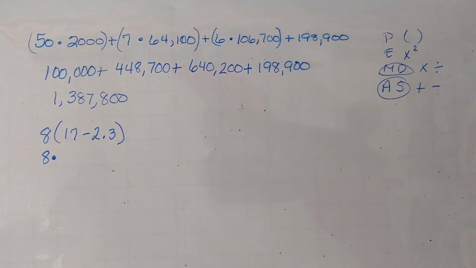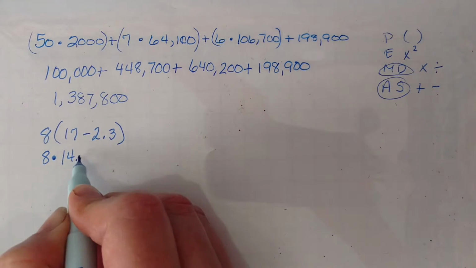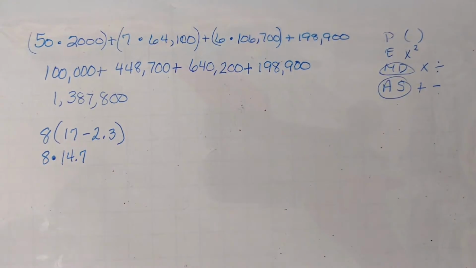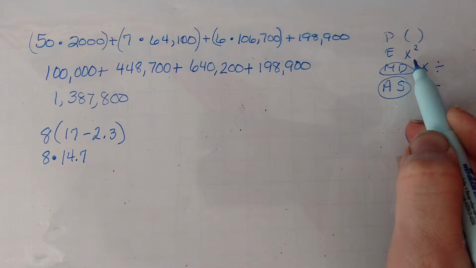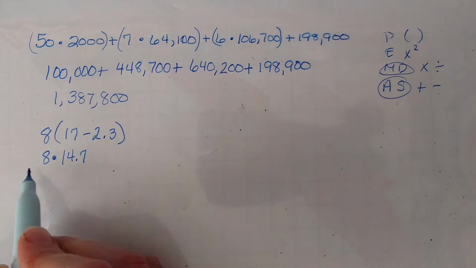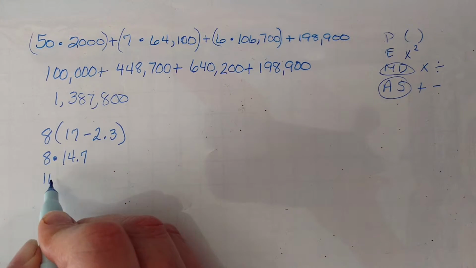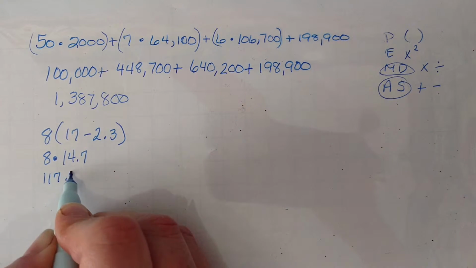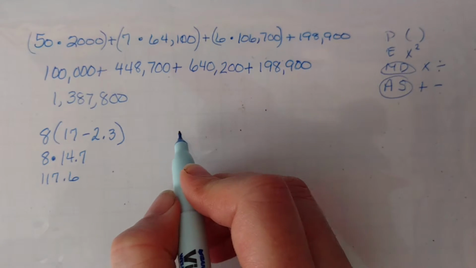When I take 17 minus 2 3/10, I end up getting 14 7/10. So now I've done my parentheses. There are no exponents, so I move on to the multiplication. 8 times 14.7 is 117.6. So my final answer is 117.6.